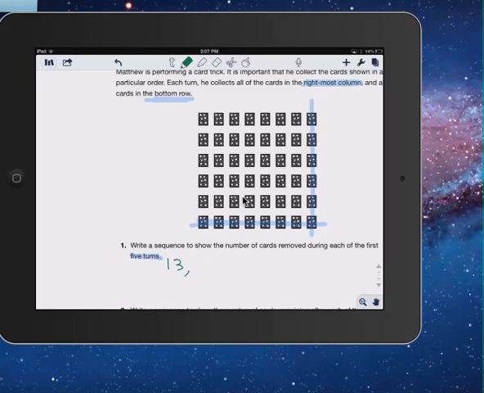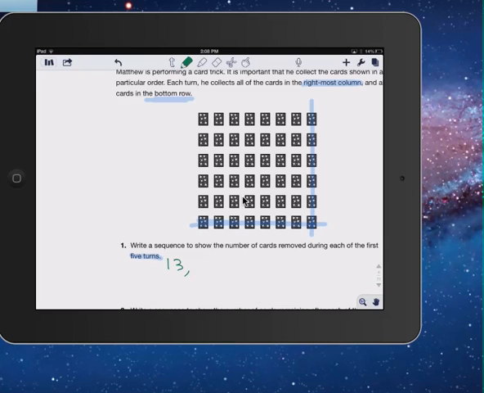How did I get 13? What did I highlight? Okay, it also says in number 2, Matthew is performing a card trick. It is important that he collects the cards shown in a particular order. Each turn he collects all of the cards in the rightmost column and all of the bottom row.